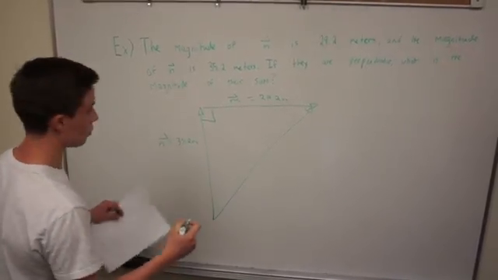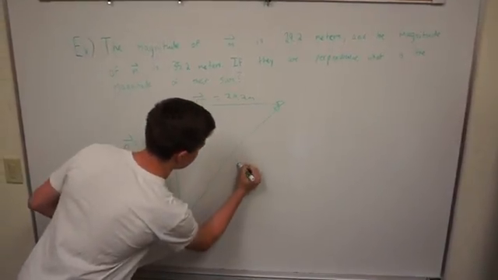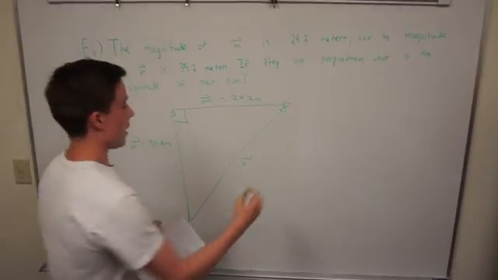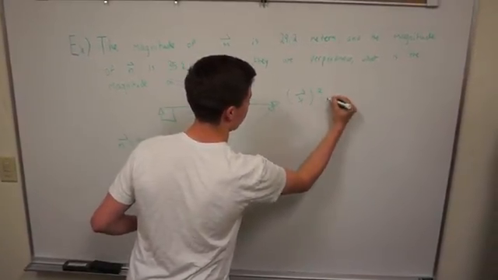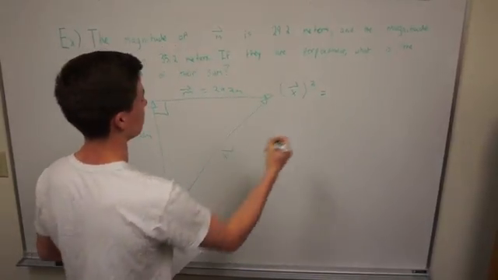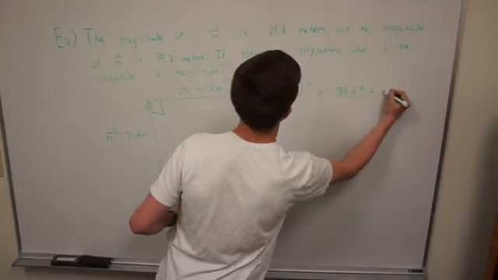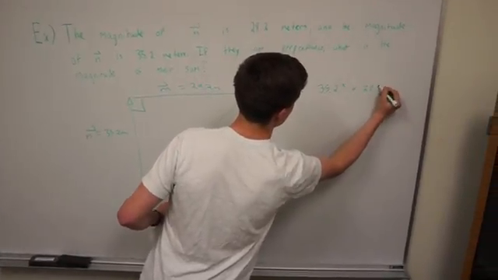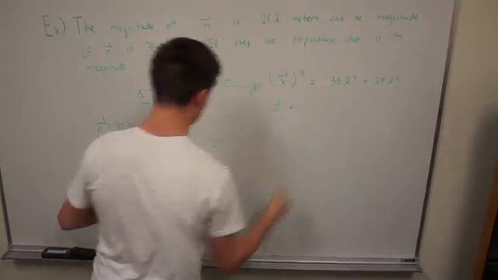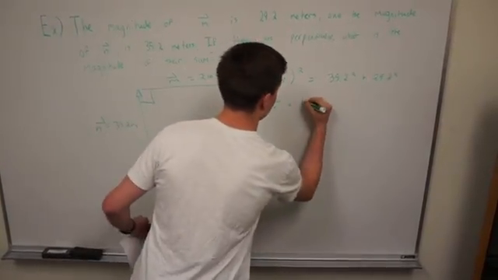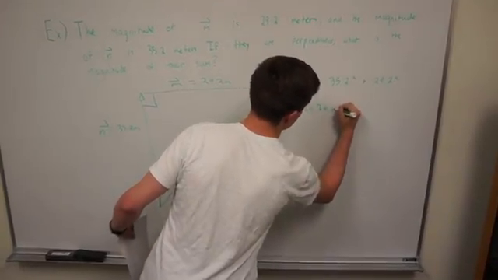We'll say this is x, and to find x, use the Pythagorean theorem: 35.2 squared plus 29.2 squared. So the magnitude of x equals 45.74 meters.